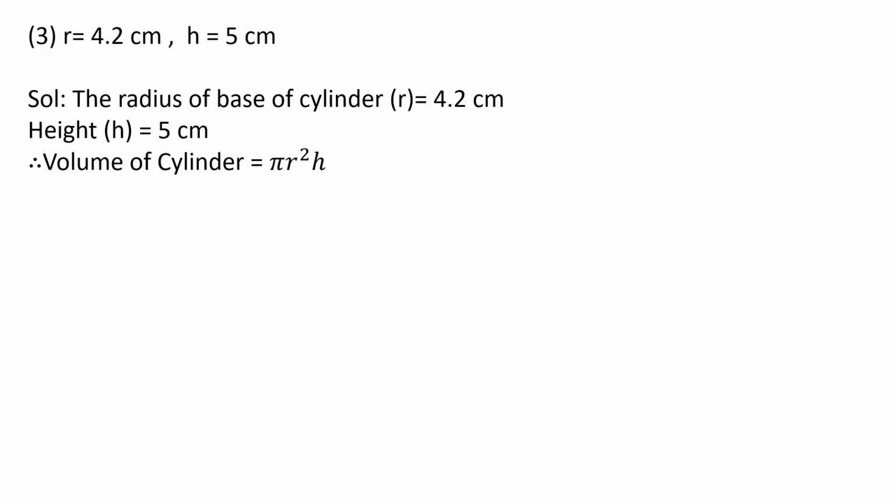Now we'll substitute the values, that is pi value 22 upon 7 into r, which is 4.2 into 4.2 because r square, into h, which is 5.